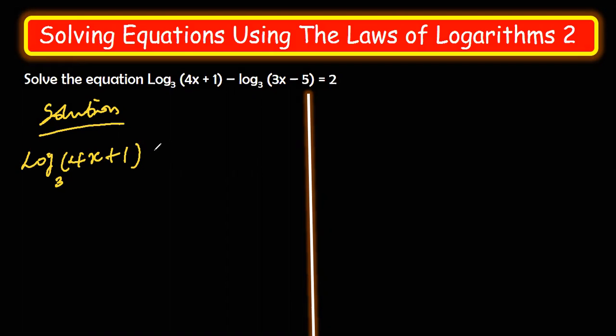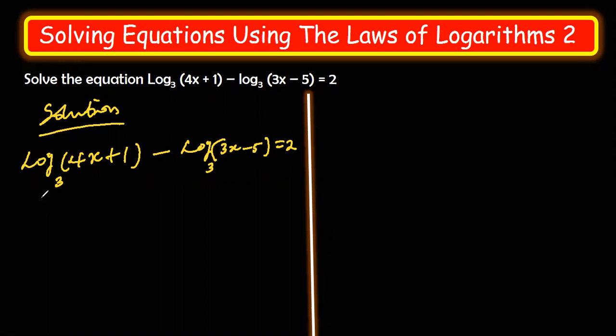They have a common base. So log(3x - 5) equal to 2, also in base 3. And so here we are going to have something like this.